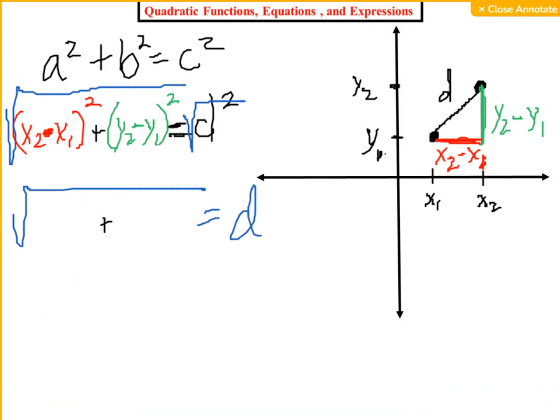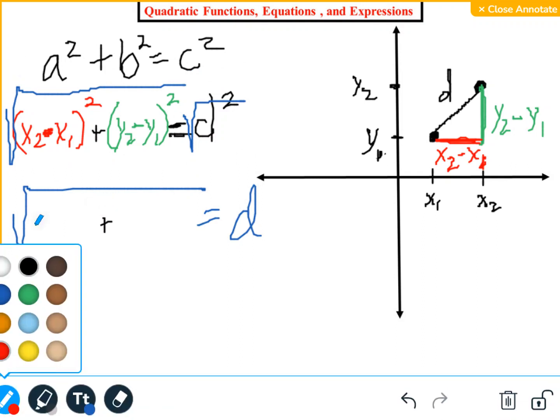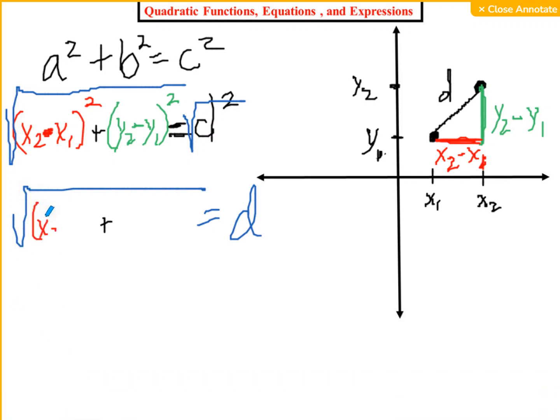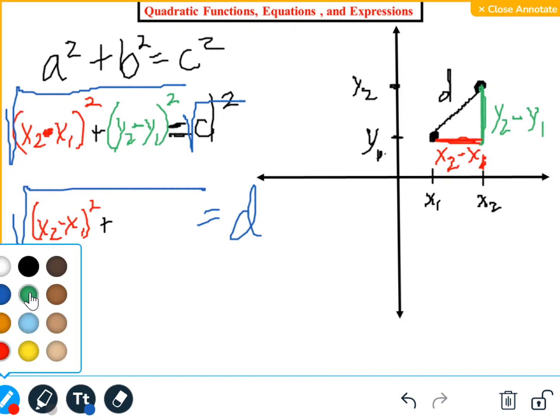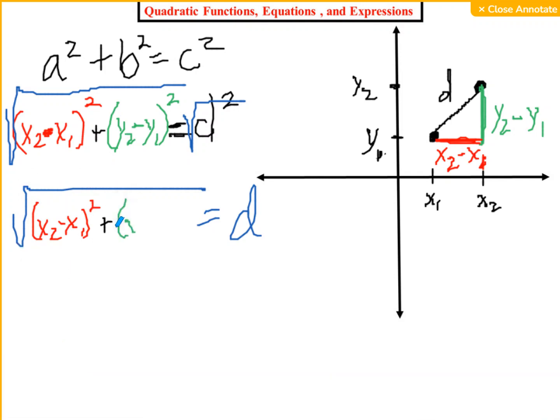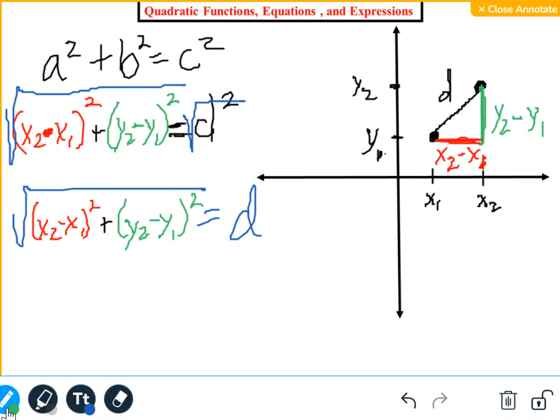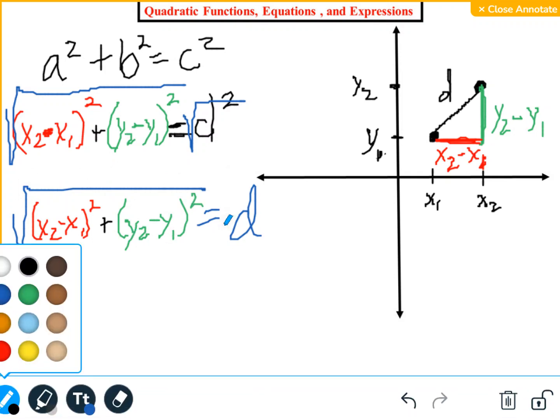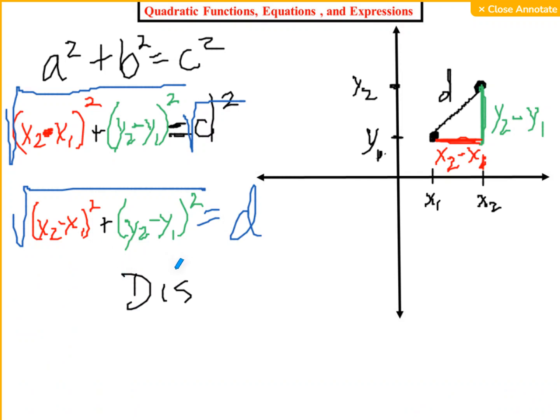So we got parentheses x sub 2 minus x sub 1 squared and y sub 2 minus y sub 1 squared. And my peeps, this is what we call the distance formula.